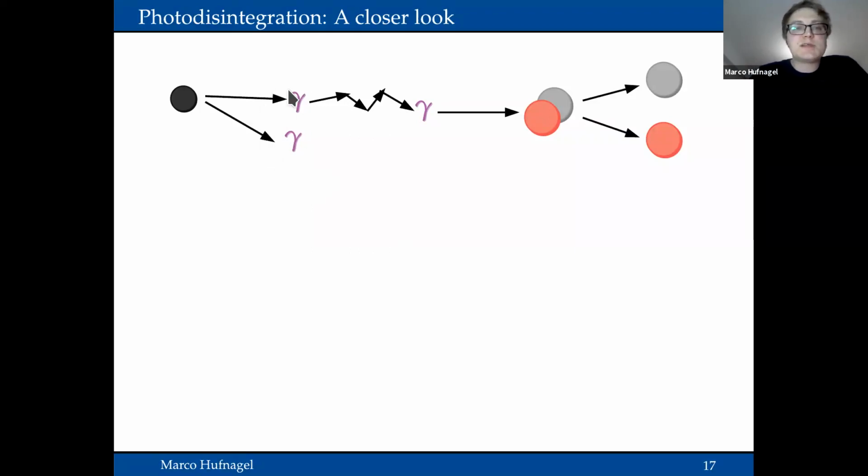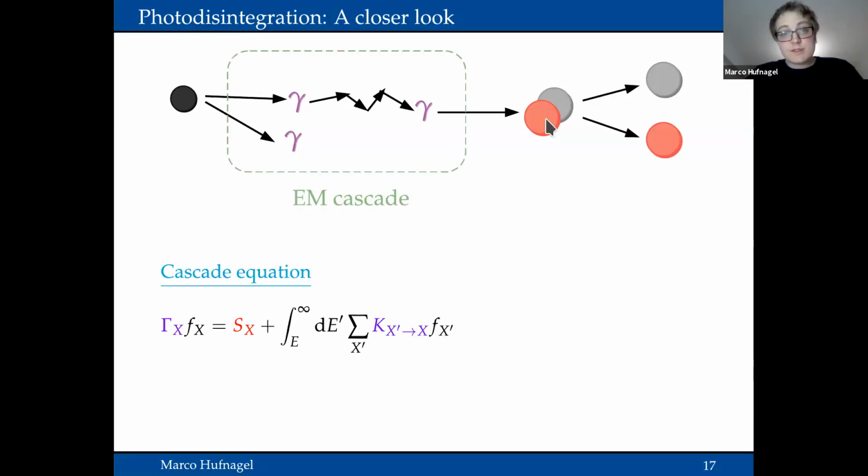Once you inject these non-thermal photons from the dark sector, then in a first step, these particles undergo an electromagnetic cascade reaction, which leads to a continuous non-thermal spectrum. And then in a second step, these non-thermal particles undergo the actual disintegration reactions, which can destroy some of these previously created nuclei.